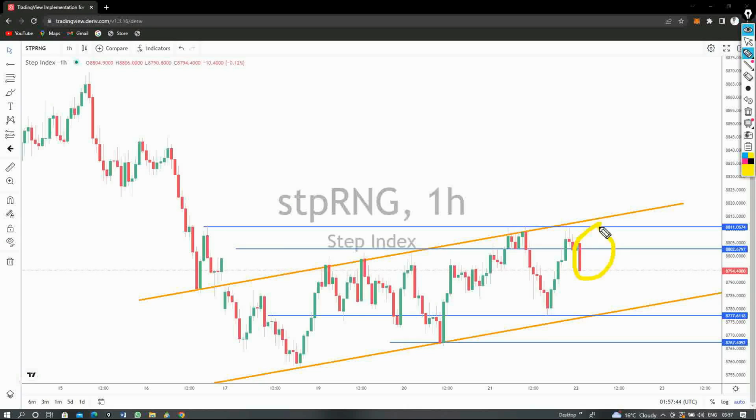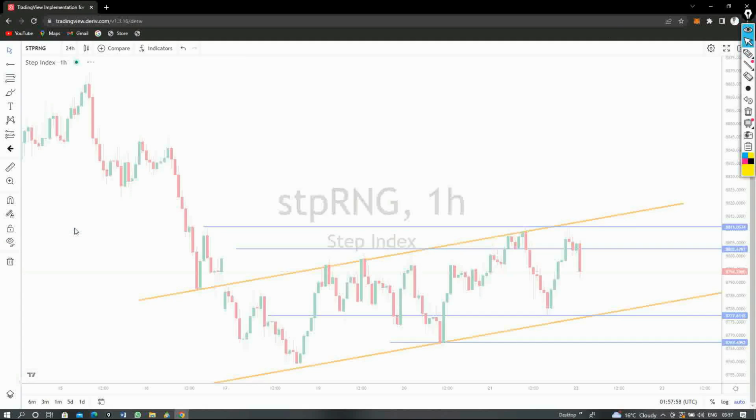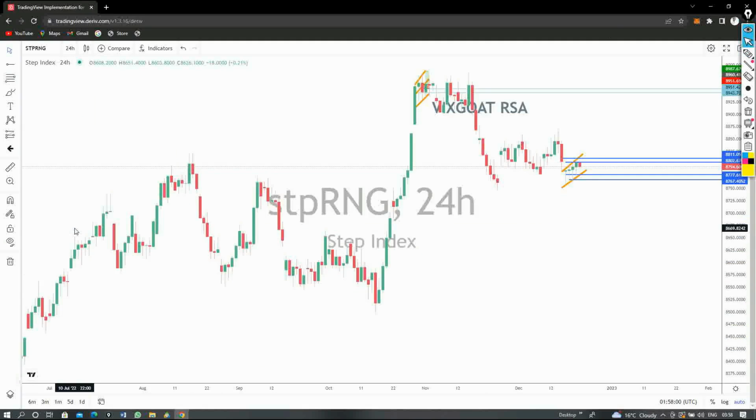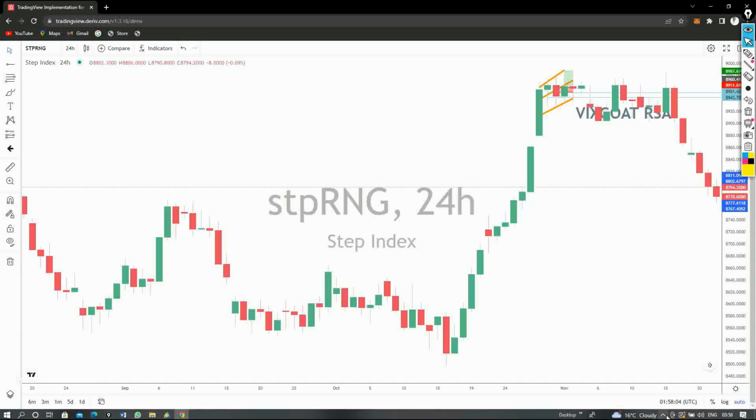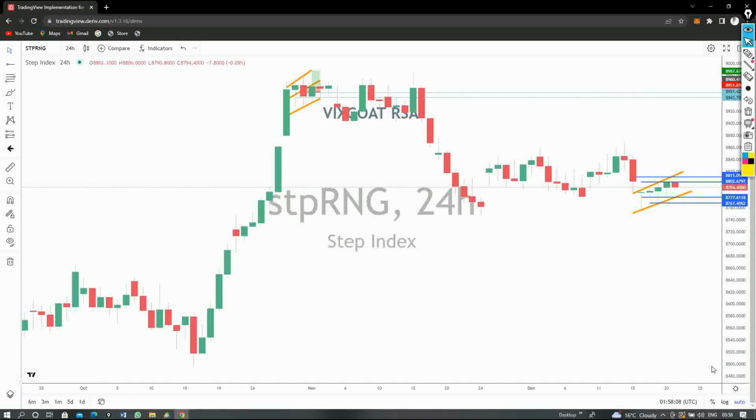And then remember with Deriv, this is a strong tip. I hope you are listening clearly. With Deriv, the candlesticks actually start changing at around 2 a.m. Central African time.